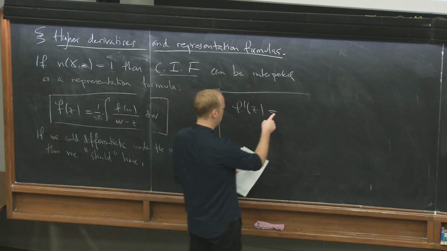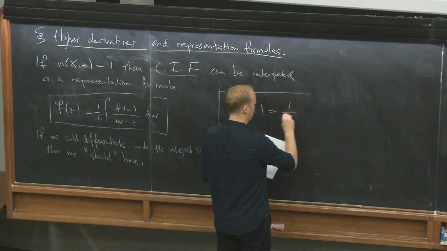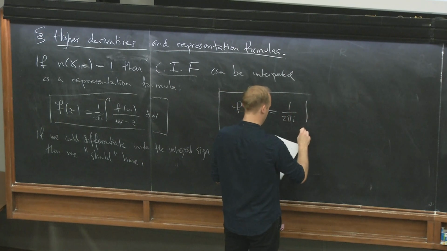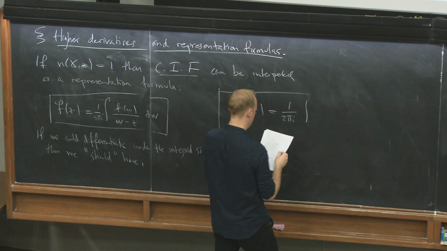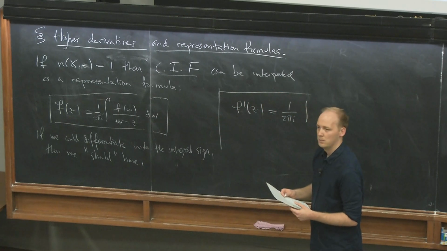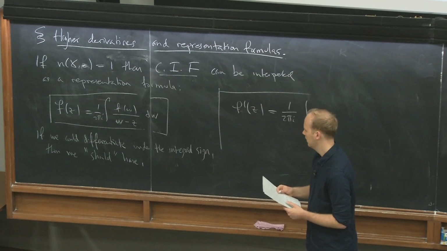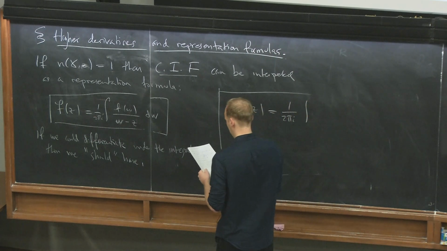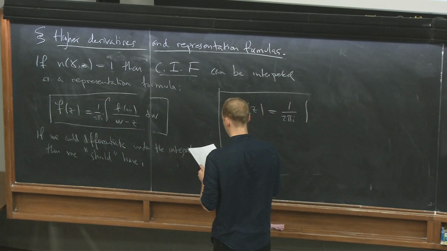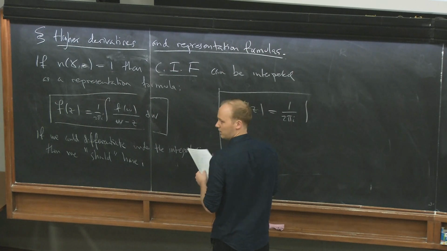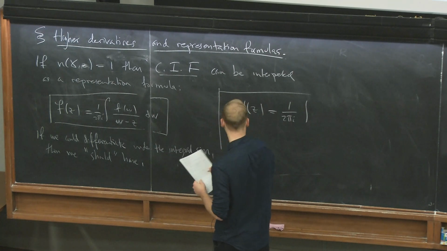So then we would get f prime of z is equal to minus... yeah, there are two minus, it's a plus, yeah.